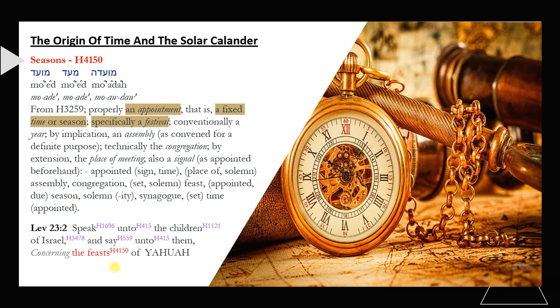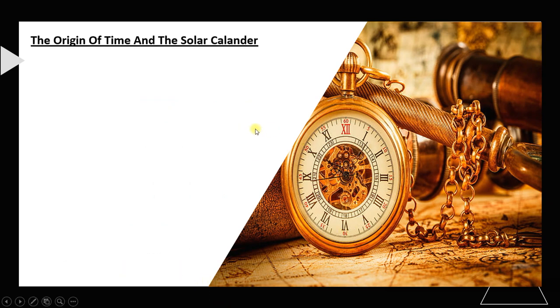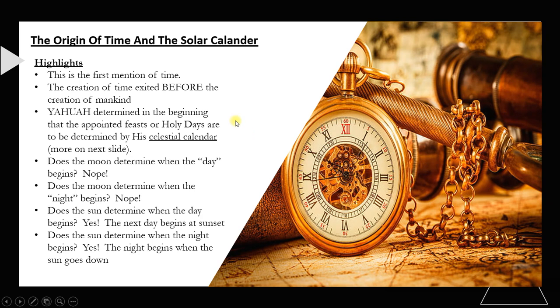I was shocked to find that Yahuwah had determined how we should calculate our feast from the very beginning, from Bereshit, from Genesis. Okay, so let's discuss some highlights. Time, or the mention of time, is in Genesis.